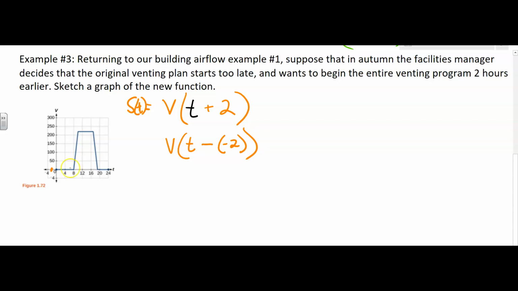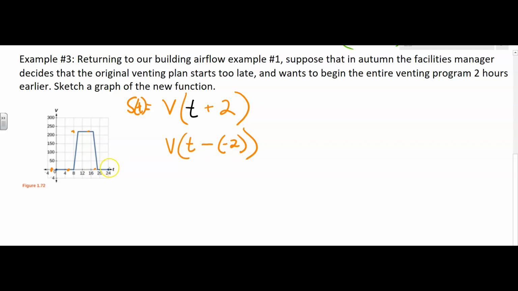So that means what used to happen at 10 is now happening at 8. What used to happen at maybe 17 is happening 2 hours sooner. And then what happened at 19 hours after midnight is going to happen at 17 hours after midnight.